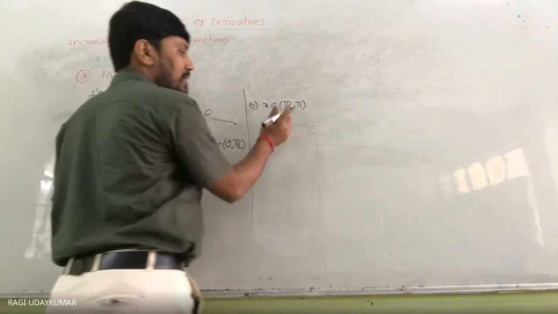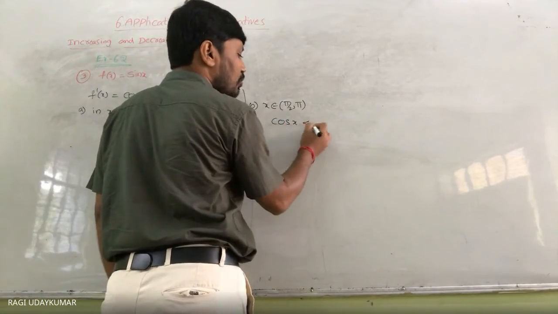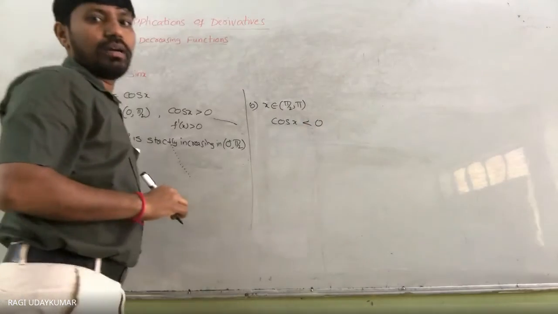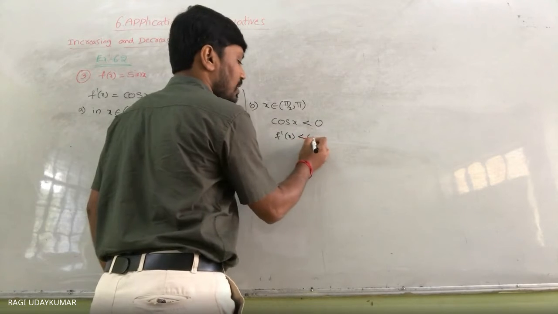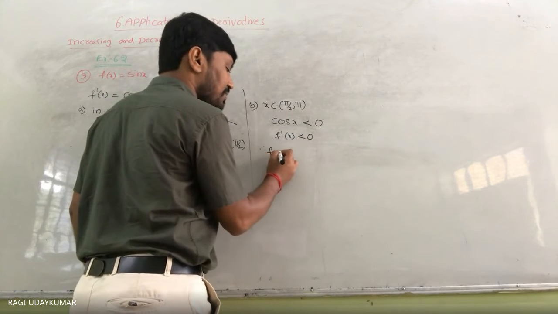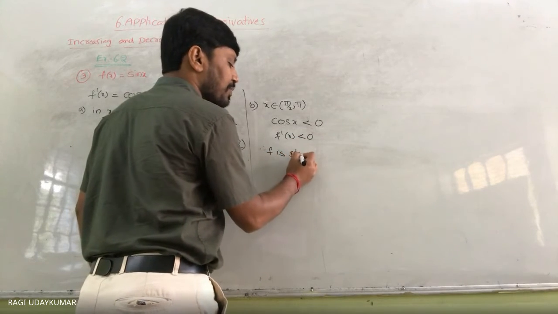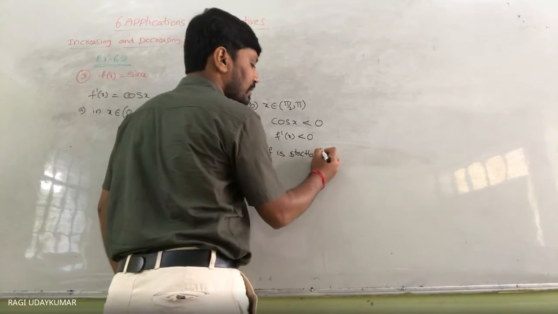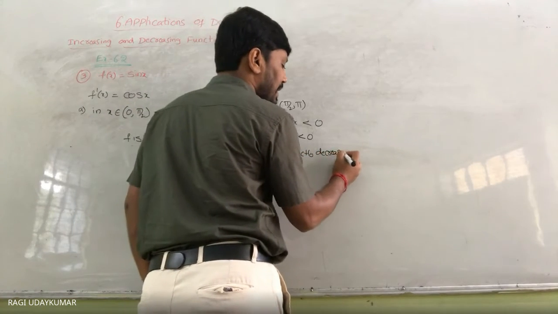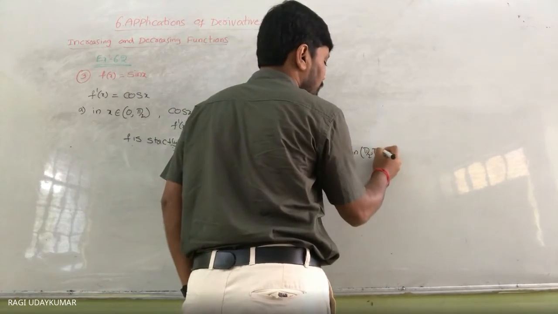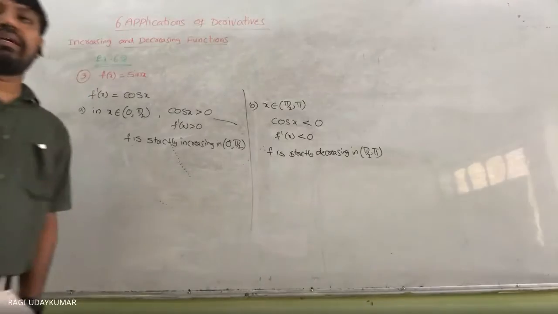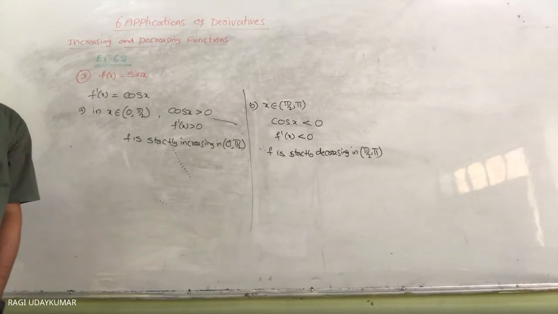So cos x is negative, less than 0. So f dash of x is less than 0, which means f is strictly decreasing in pi by 2 to pi.